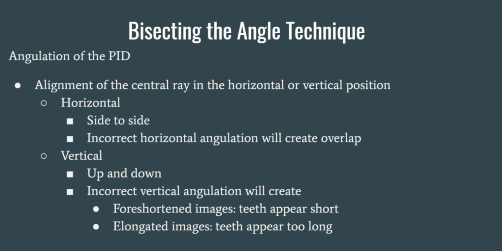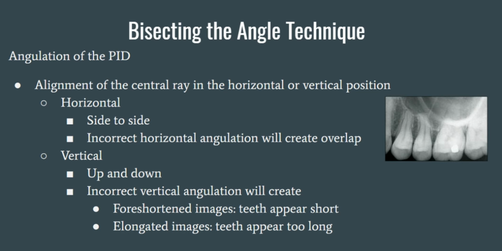Your PID has been too flat. And this is an example of foreshortened images. The teeth look short and stubby. Or we have some elongation. Those teeth kind of look like they've been stretched out. They are elongated.